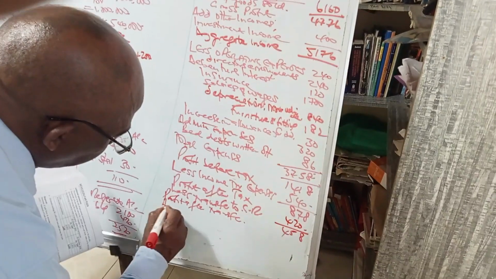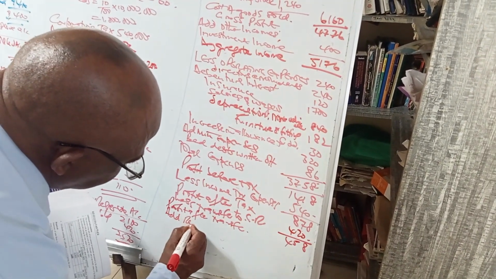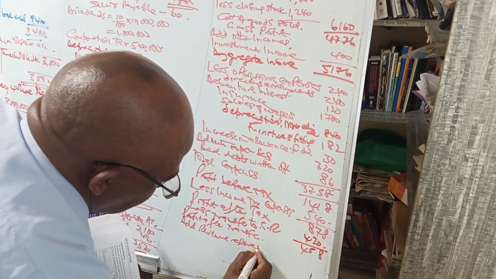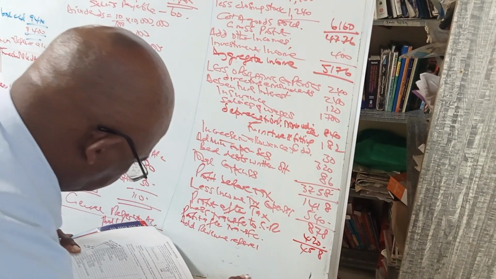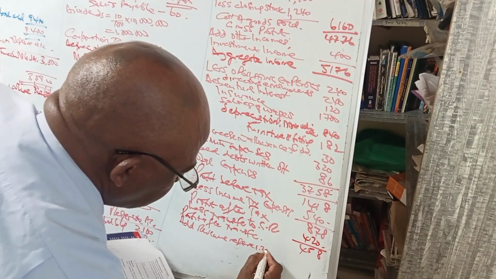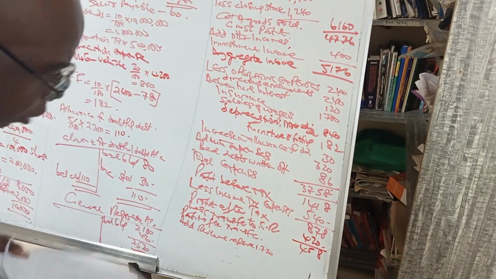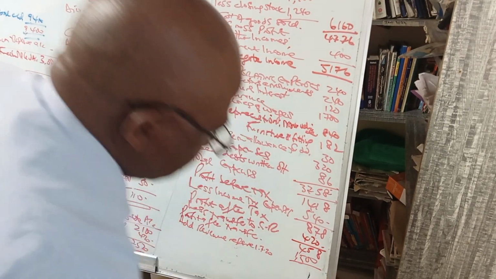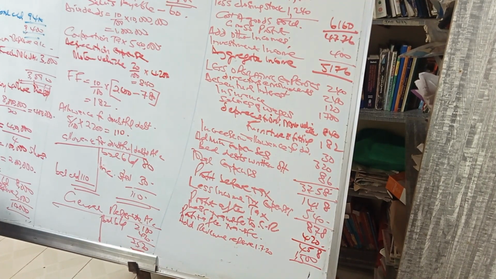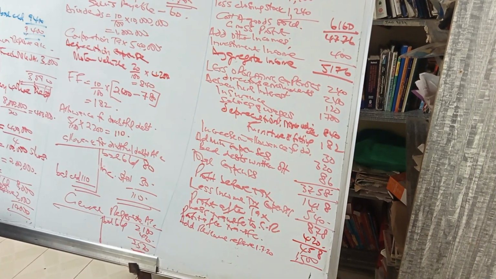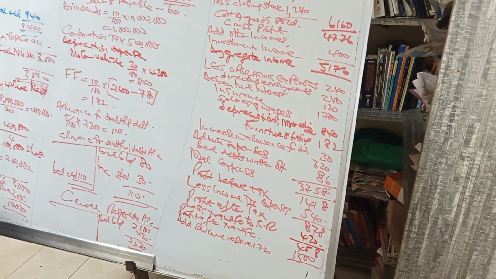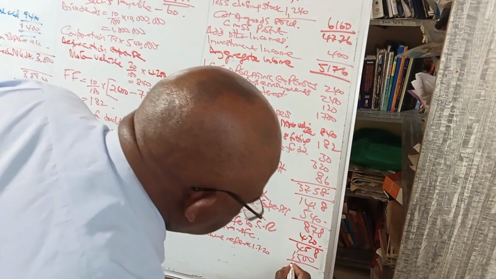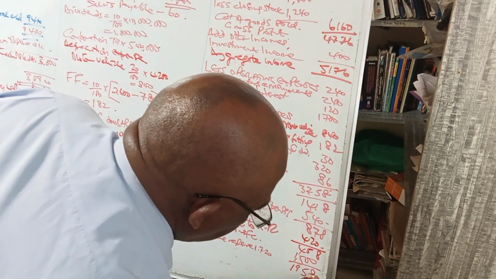We add the opening revenue reserves, 1st of July 2020, which is 1,500, to get enough to help us pay dividends. 458 plus 1,500, we get 1958, and therefore we can now pay dividends.